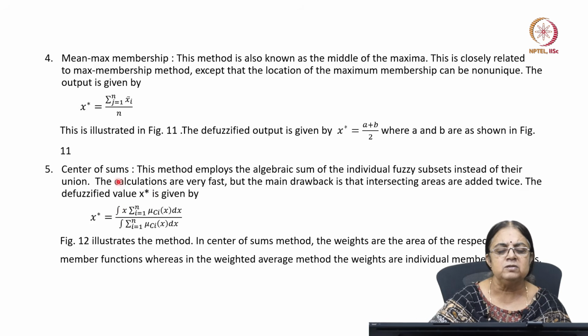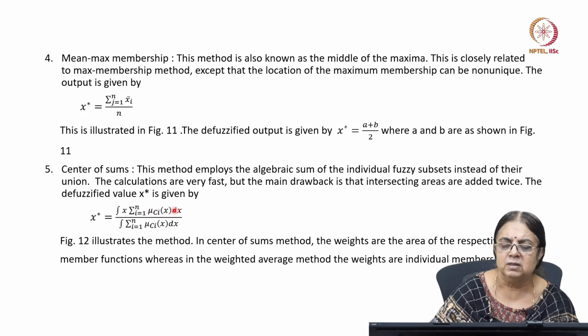The next method is called the center of sums. This employs the algebraic sum of the individual fuzzy sets instead of their union. So you are taking the sums of these individual fuzzy sets.